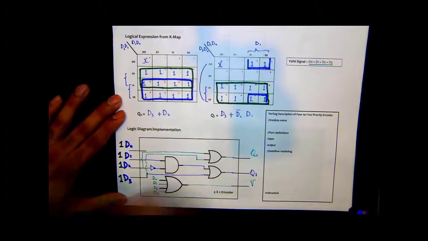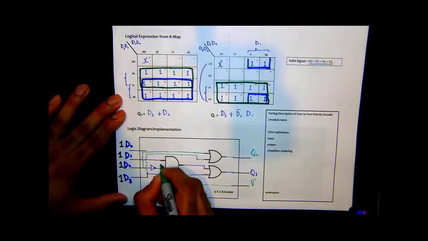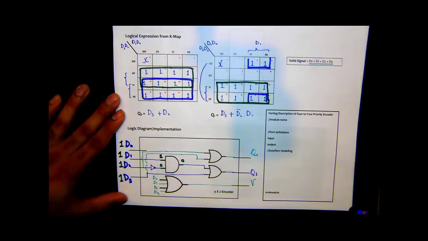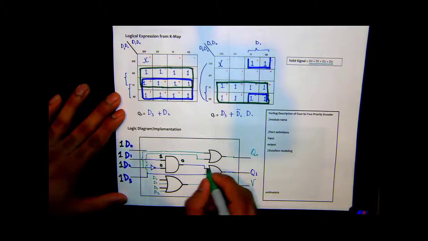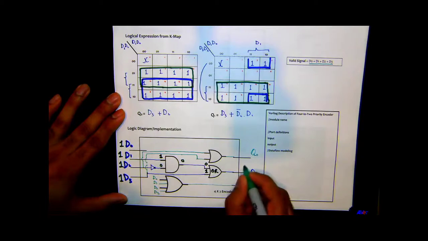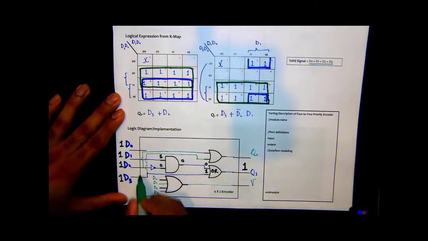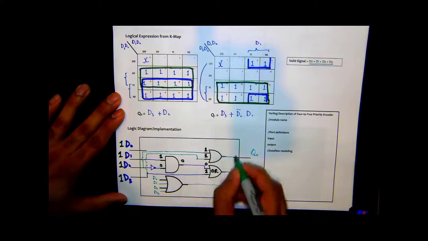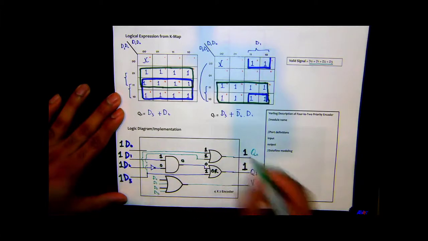This goes 0 here, and this is 1 here, so you get 0 here. Then D3 is 1, so you get 1 here. 0 and 1 going through an OR gate, you get 1, correct? D1 and D3 both are high, so you get 1 here, and that's what we were expecting.